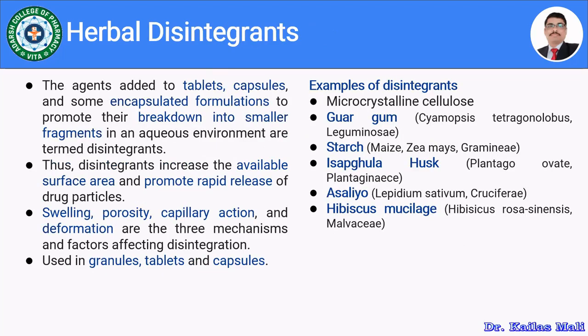Let us see the herbal disintegrants. As you know, various pharmaceutical dosage forms like tablets and capsules need to disintegrate into the dissolution medium or into the GIT in order to promote the release of the API, and to promote absorption as well as the bioavailability of the API.